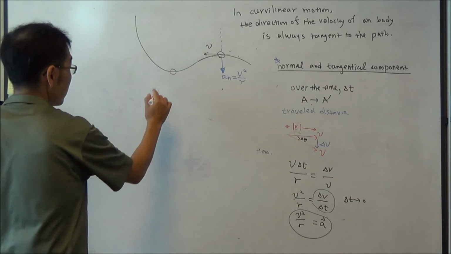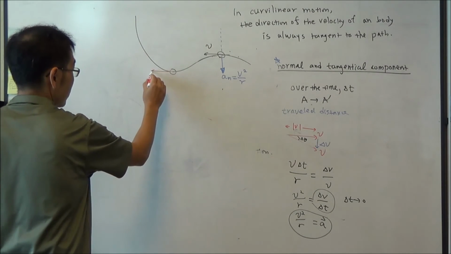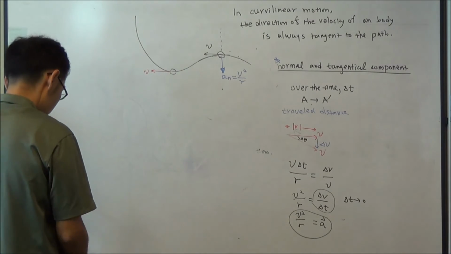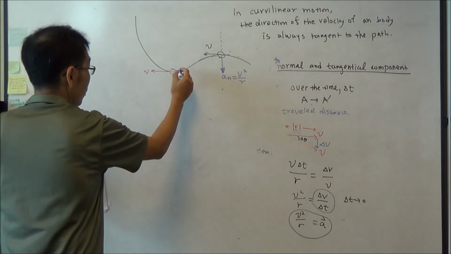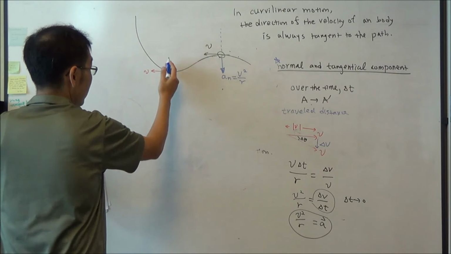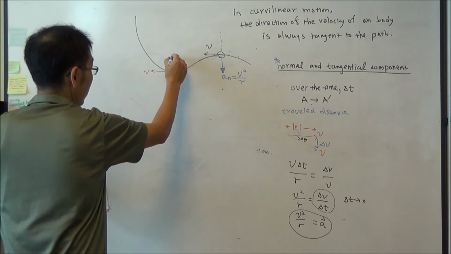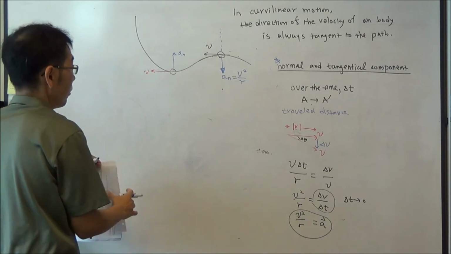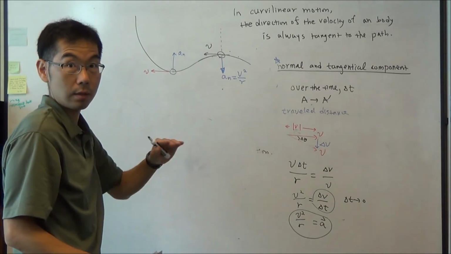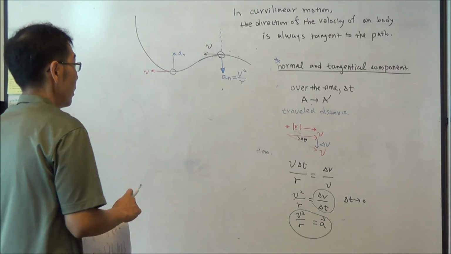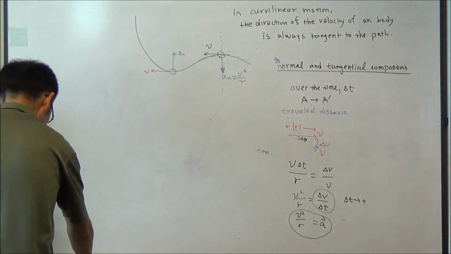Let's say this position has this kind of velocity. And how about the normal acceleration? Normal acceleration is pointing inside, so it should be here. But right now, since this is not circular motion, R is not fixed. R keeps changing, so I don't know the R here.